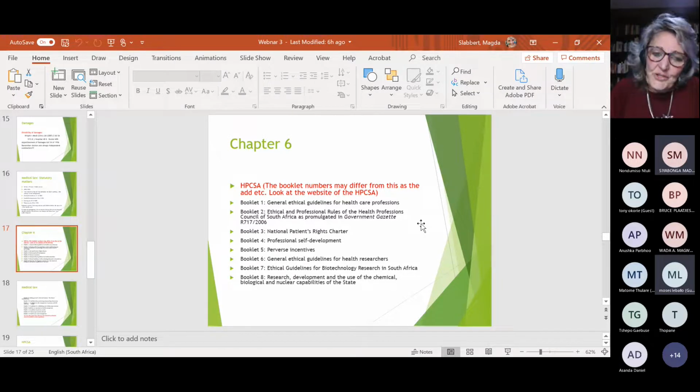You will see the costs that doctors may charge, and people have the right to complain if they think that the amounts charged are perverse or too much. They can complain, and then the HPCSA must investigate and come back with an answer.